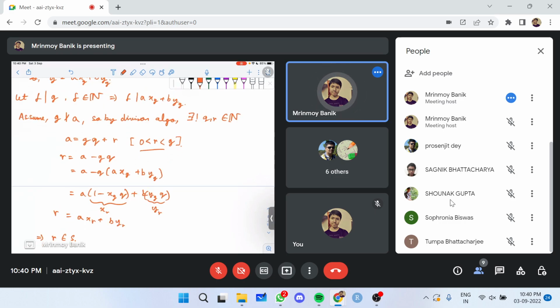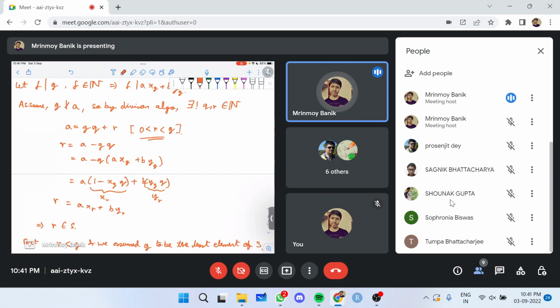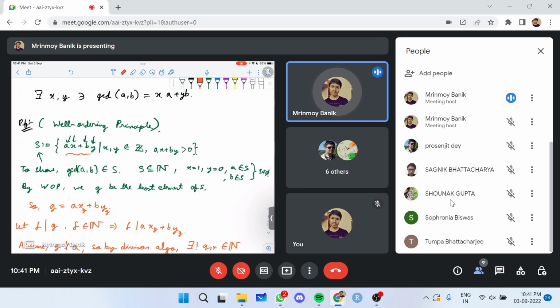Now look at the condition that the division algorithm gave us, the inequality. R is strictly less than G, and we assumed G to be the least element of S. So here we get a contradiction since we get an element smaller than the least element. So we naturally get a contradiction to our assumption.